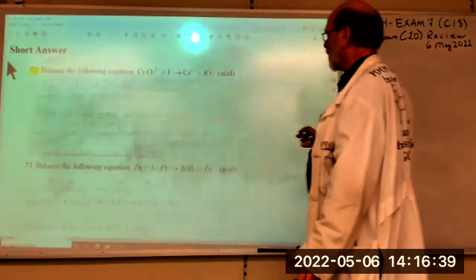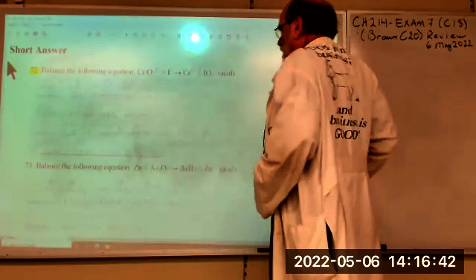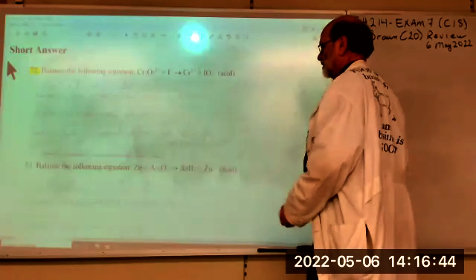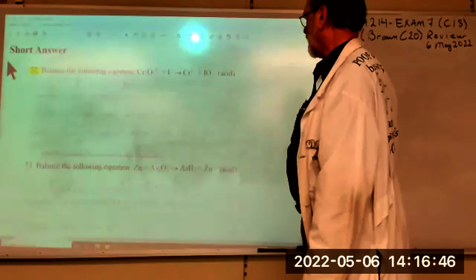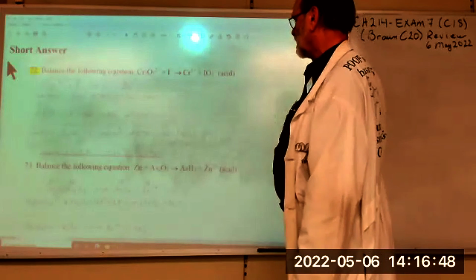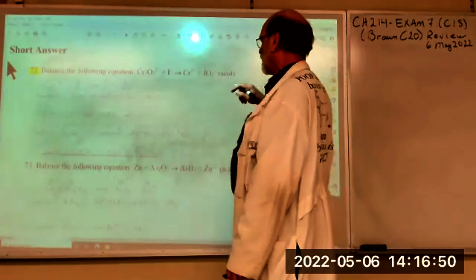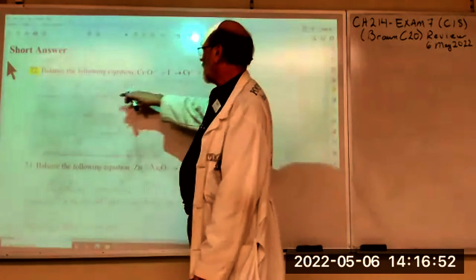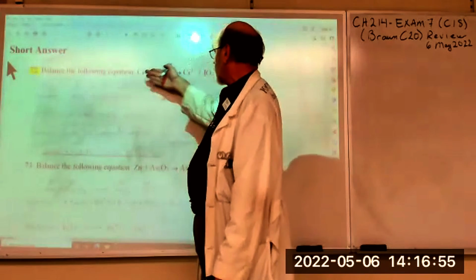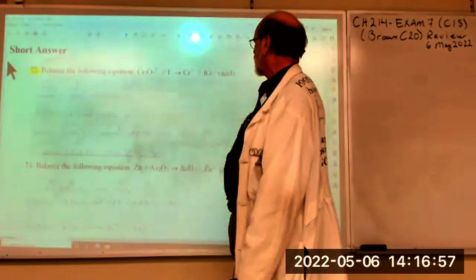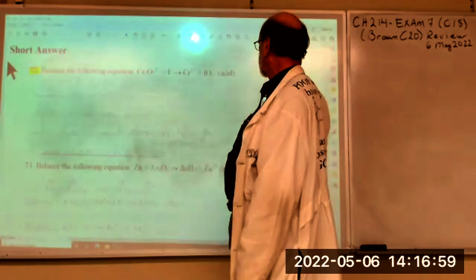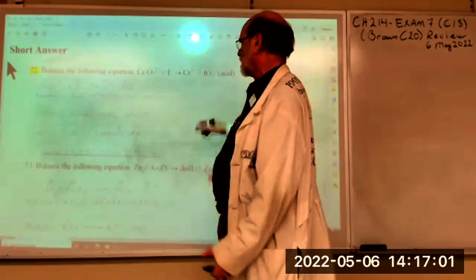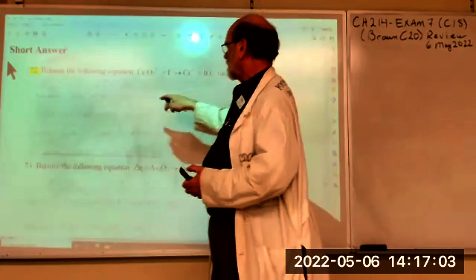Okay, balance the following equation. Well, I don't know, would it help for me to do it longhand or just point it out? We have to decide, first of all, what are the oxidation states of each of the players? Didn't we do one of these before? That looks awful familiar. Yeah.